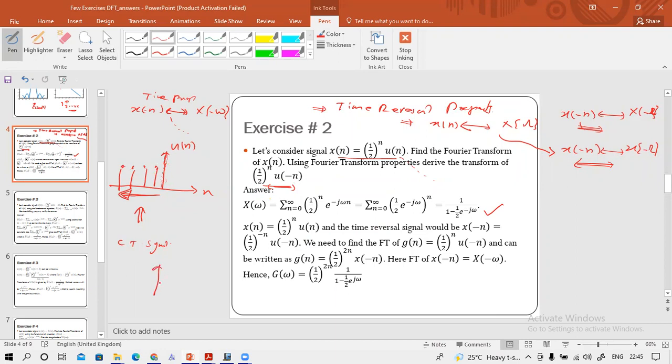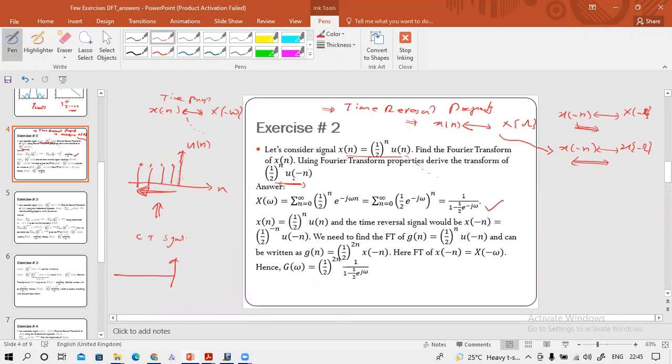Then if you multiply this u[-n] with half to the power n, you will have this kind of sequence. You can see that this is the image about the x-axis. So this is the time reversal signal.